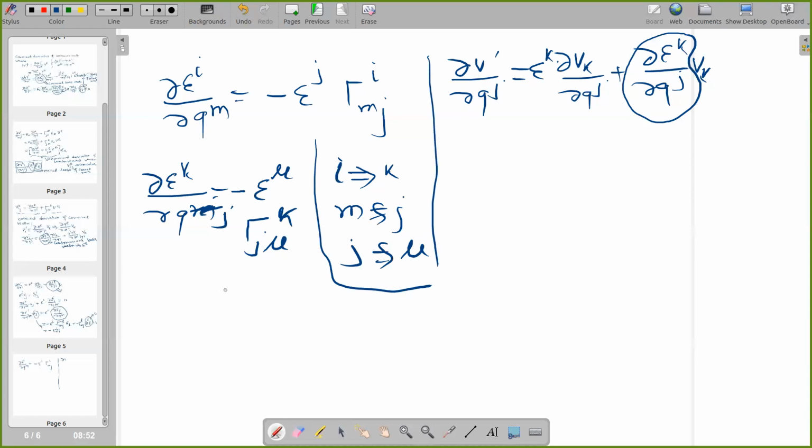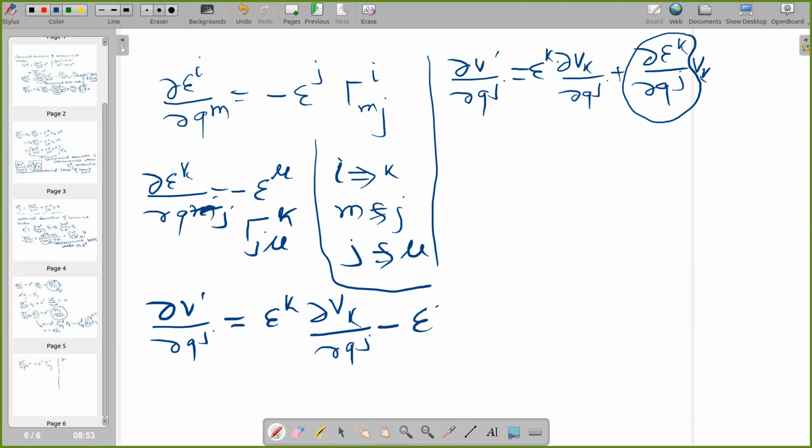When we substitute this in the vector equation, we have minus, yeah, we can substitute here and we'll have this relation.